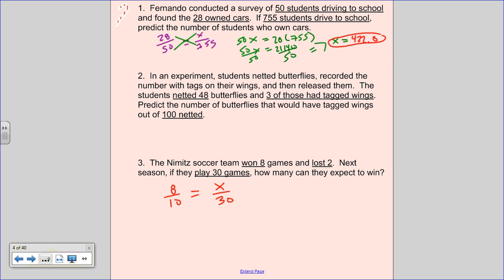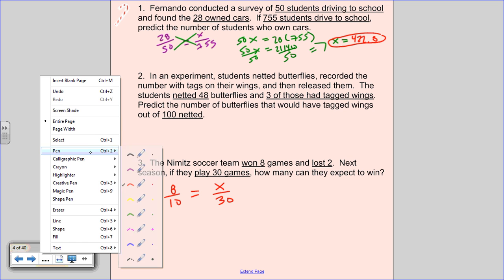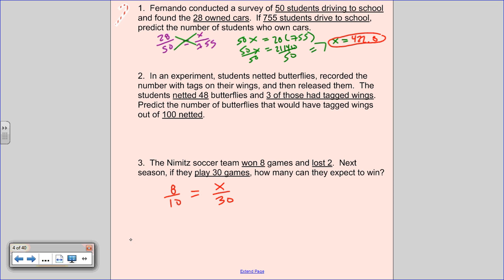Alright, so again, we can cross multiply. 10 times x is 10x. 8 times 30 is 240. Divide both sides by 10. Therefore, x is equal to 24. So out of 30 games, we could expect them to win 24.